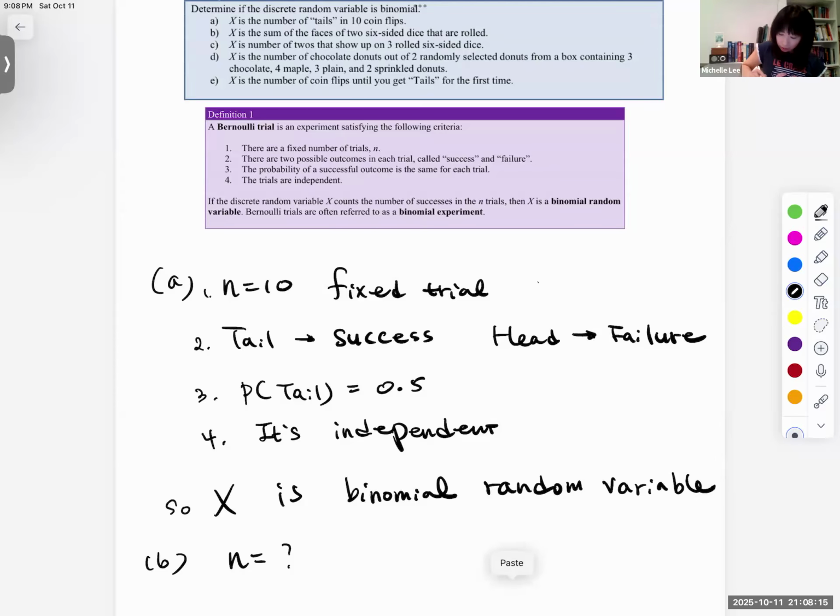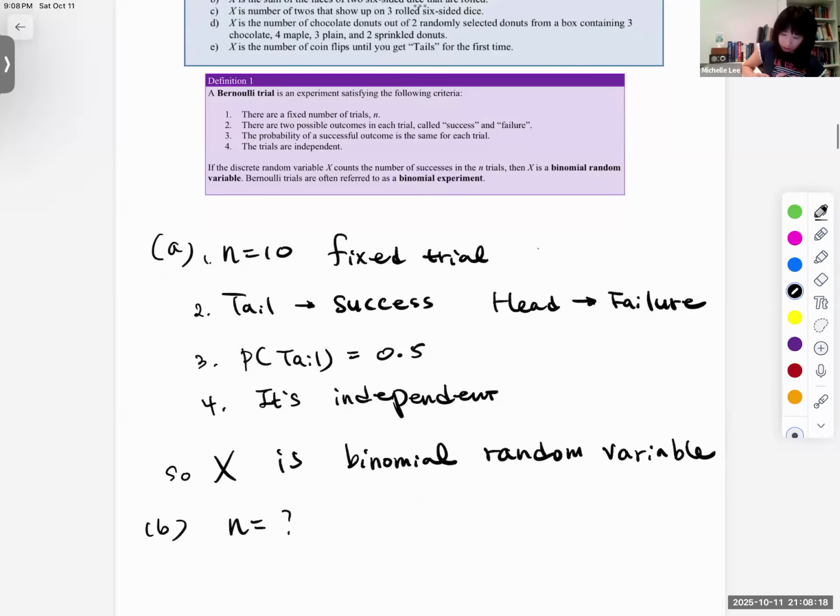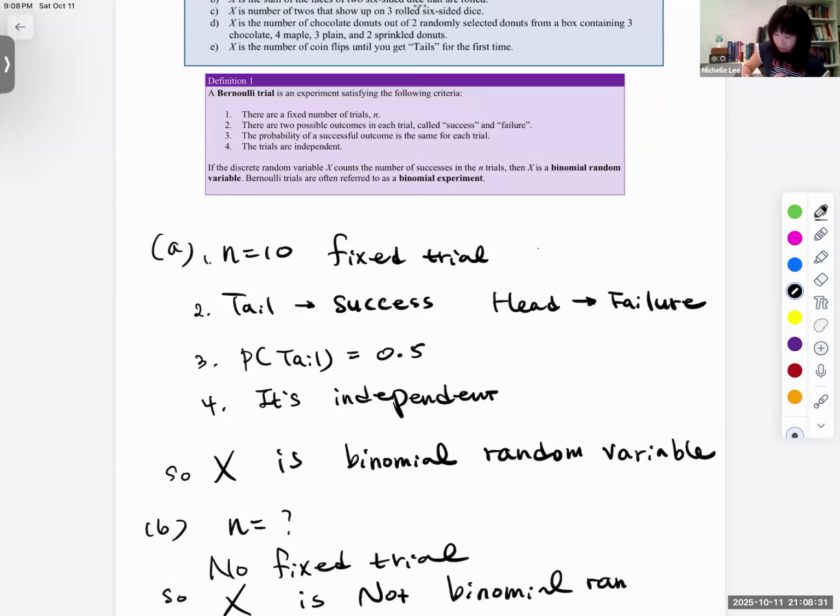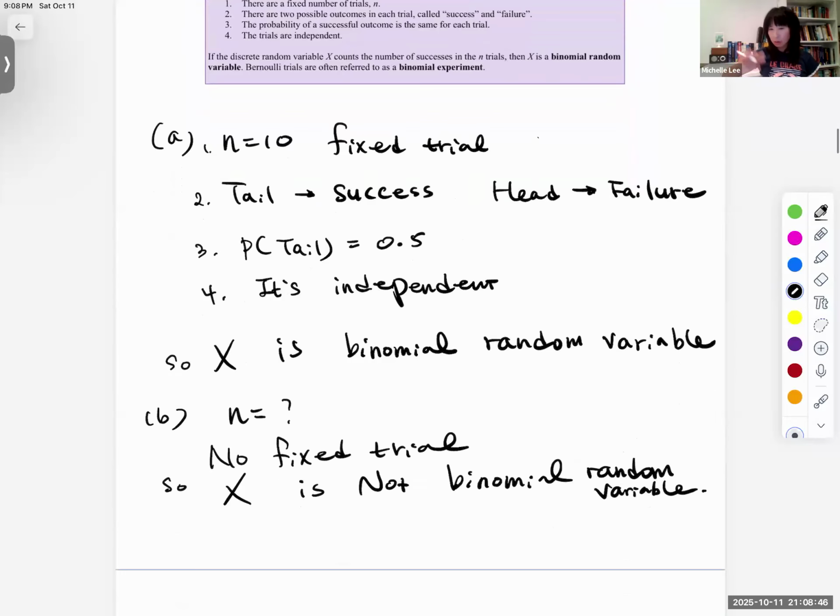So no fixed trials. So X is not a binomial random variable. So we don't have to check the others. Even though the others are satisfied, this one is not satisfied. So it's a waste of time to check the others.